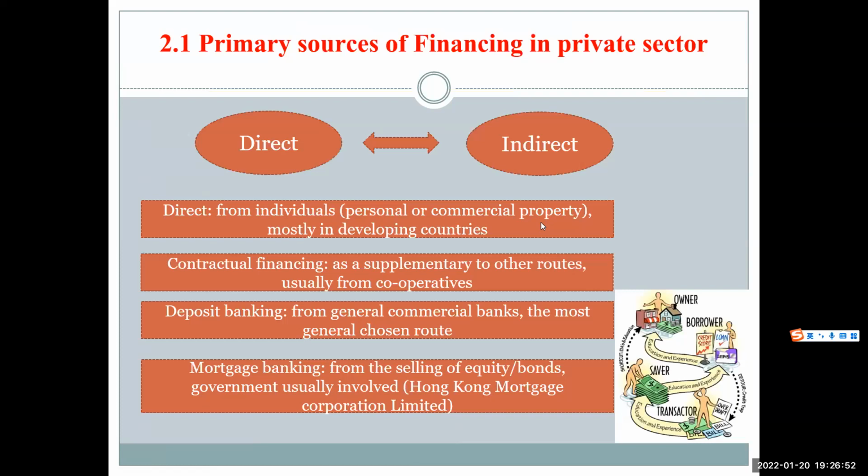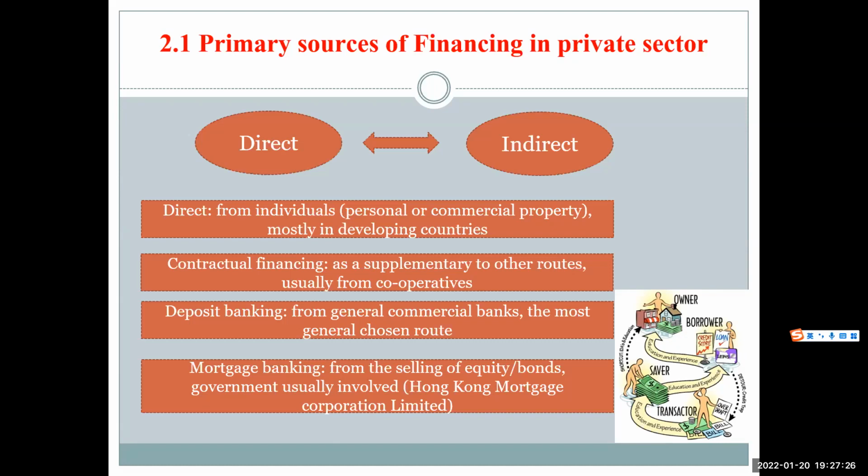And so there are different sources of financing in the private sector. It can be through some direct way or some indirect way. For direct ones, for example, from individuals, for example, some personal or commercial properties, and the direct form is mostly seen in some developing countries. And also we can see contractual financing.